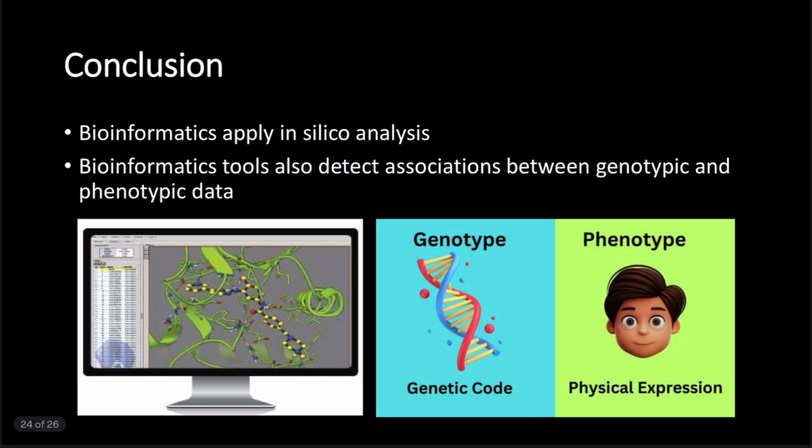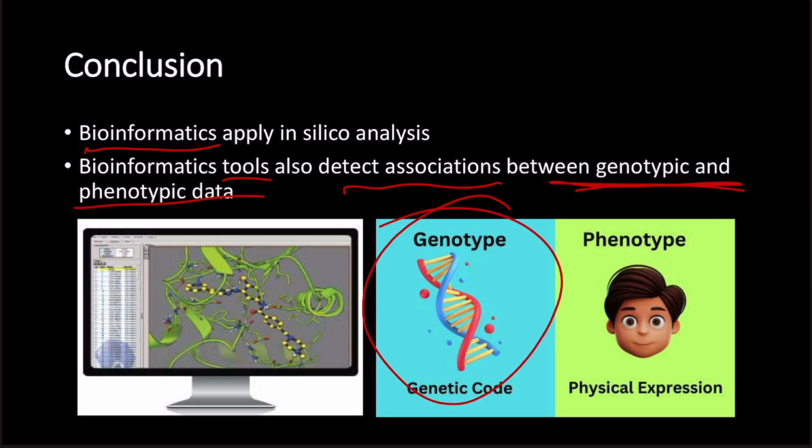Now finally, coming to the conclusion, bioinformatics is actually applying in silico analysis, that is using computers, the internet and different software to analyze, store, manipulate, and also retrieve information, and so as to design new products. And bioinformatic tools also detect the association between several genotypic and phenotypic data, as you can see here, that is the expression of the different genotypes and its resulting phenotype can also be found out with the help of bioinformatics tools.